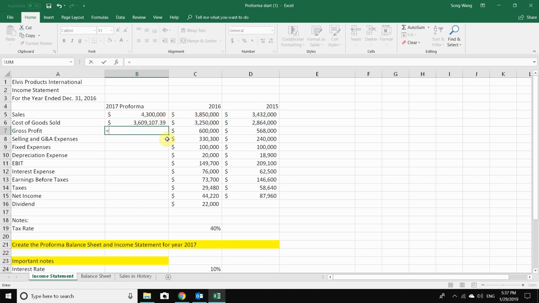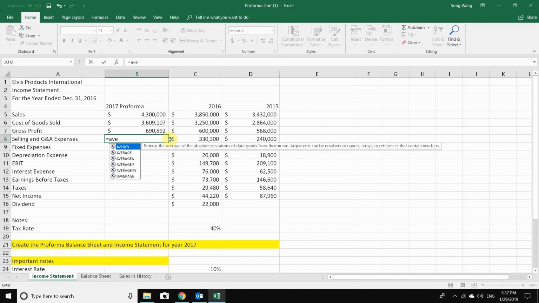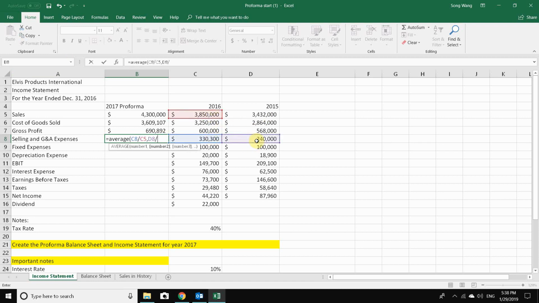And the gross profit would be the sales minus the forecasted cost of goods sold, all right? So decrease decimal. The SG&A expense just follows the same method: the average of the ratio SG&A divided by sales for 2016, and the same ratio for 2015, times the sales in the new year.